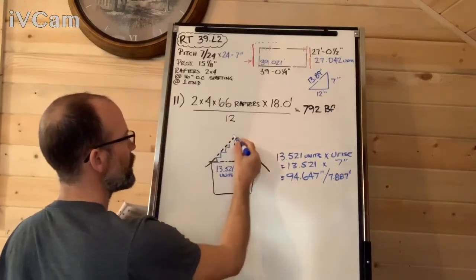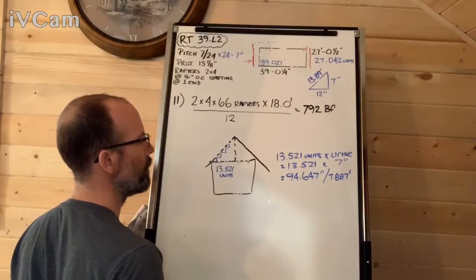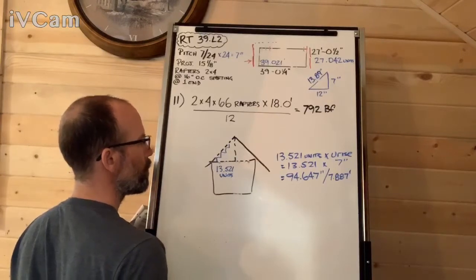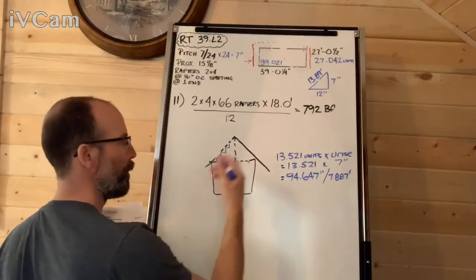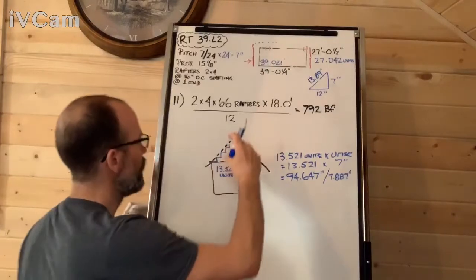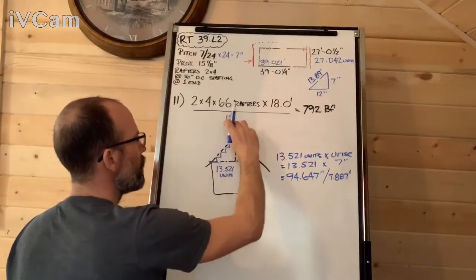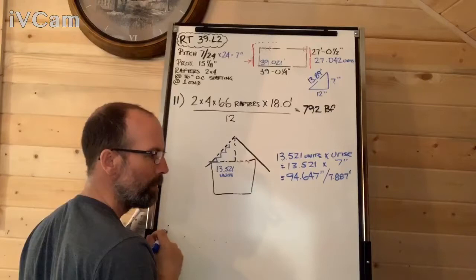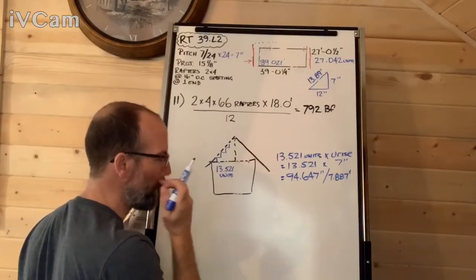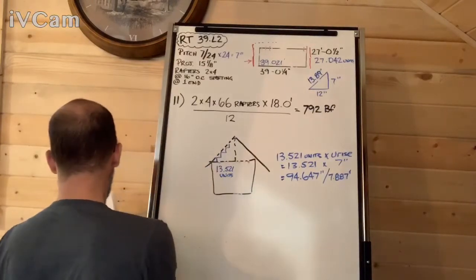So that's how much it is for my total rise. That's my theoretical rise. There's still some height in the remainder of the height above plate of my rafter.